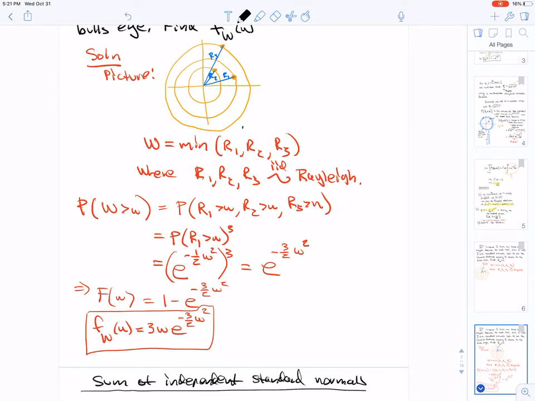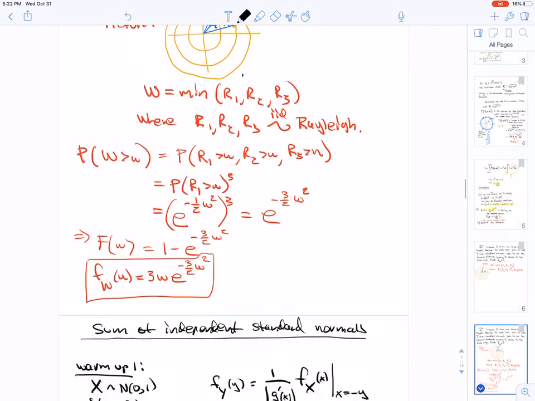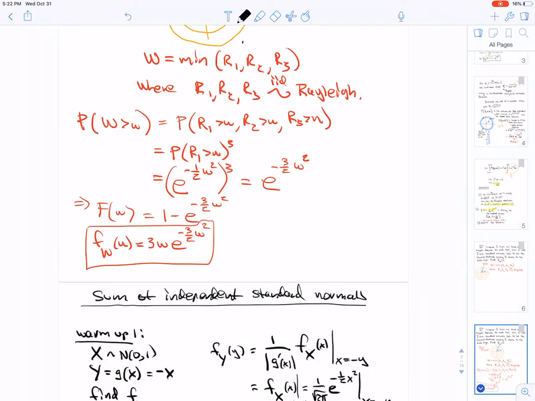Remember for the min, the probability that W is greater than w is the probability that R1 is greater than w, the probability that R2 is greater than w, the probability that R3 is greater than w, which by independence is the probability of R1 greater than w, cubed, which we know is e to the minus 1/2 w squared, cubed. So that's e to the minus 3/2 w squared, and that means that the CDF is 1 minus that, and you can take the derivative to get the density.